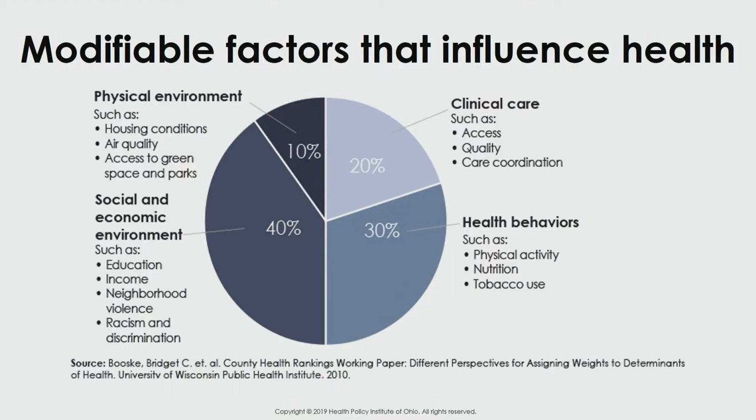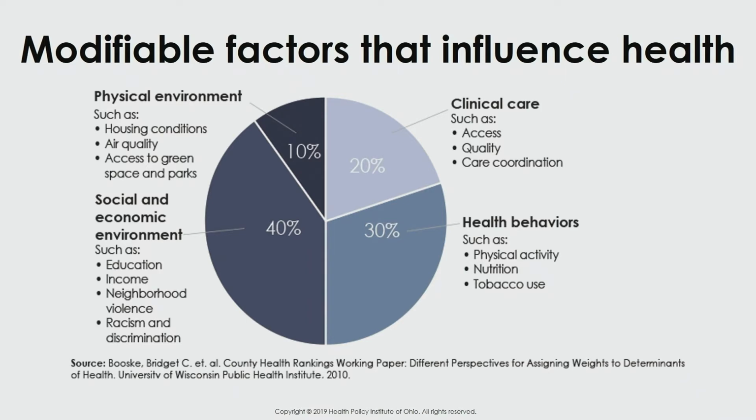So to set up how I'm going to define some of these terms around health equity, we'll use this research from County Health Rankings, which I think was referenced earlier. It confirms what most of us know to be true about health. It's about more than what happens in the doctor's office. About 20% of our health is attributed to clinical care, 30% to health behaviors, and the other 50% is what's often referred to as social determinants of health, right?